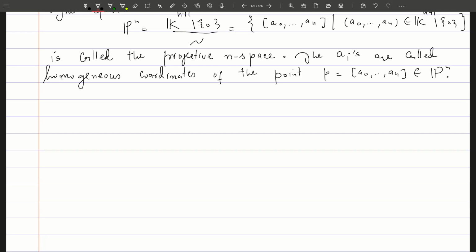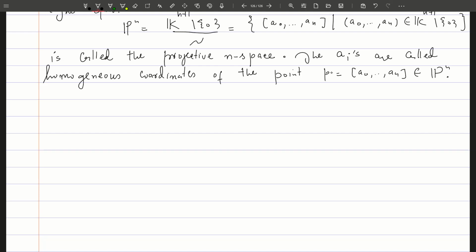An element in the projective space P^n is just a vector in k^(n+1) up to multiplication by a non-zero constant, which is equivalent to saying it is a line, a one-dimensional subspace of k^(n+1). Such a line is determined by a non-zero vector on the line.